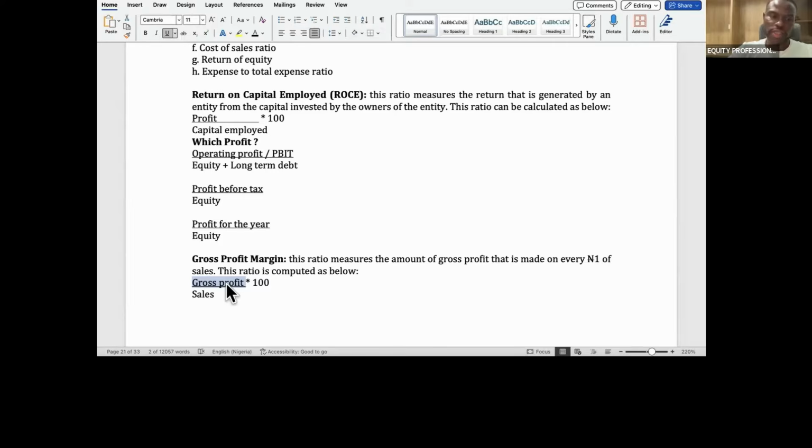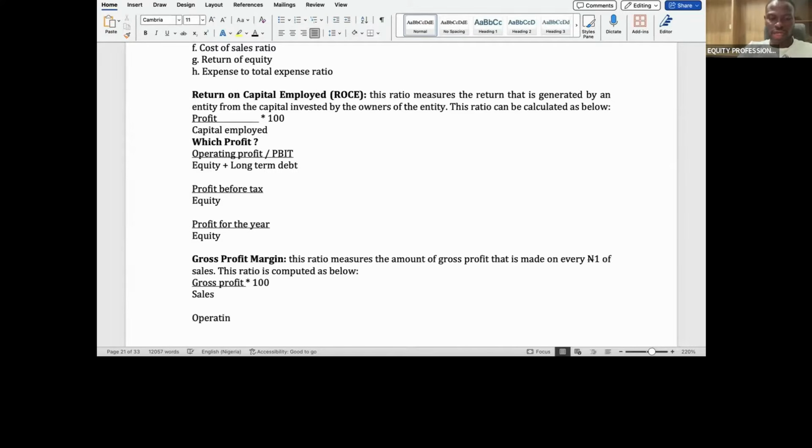So again, this ratio makes sense if you're interpreting for 2 years. From one year to another, you can see the movement in the ratio and relate that movement to what is happening within the company. Or if you're comparing a company with another company, then based on the peculiarity of the two companies, you can analyze those ratios in the best possible way.